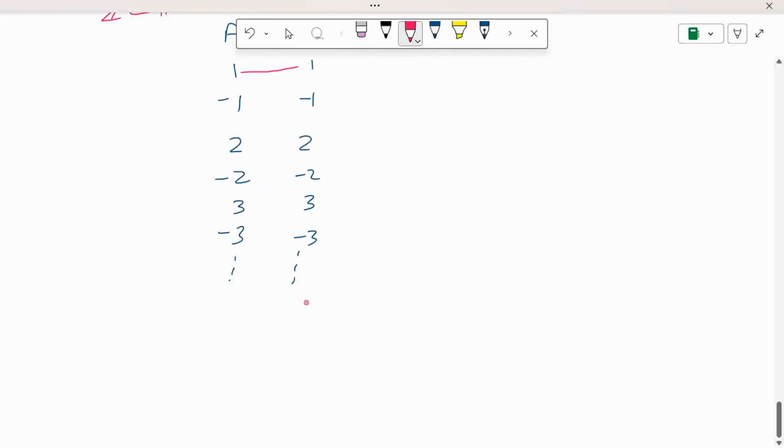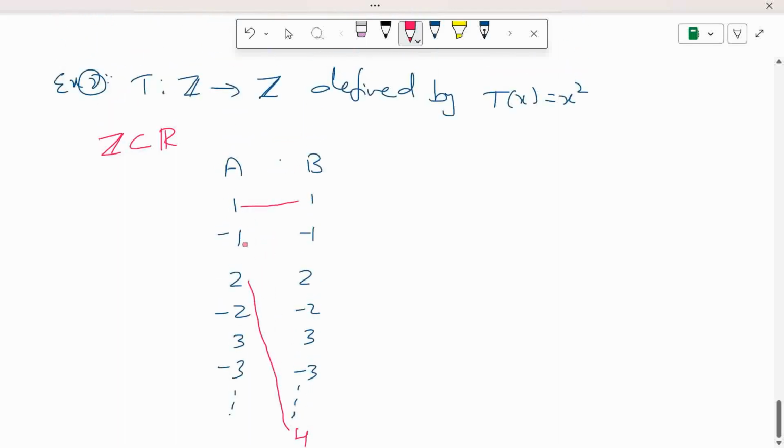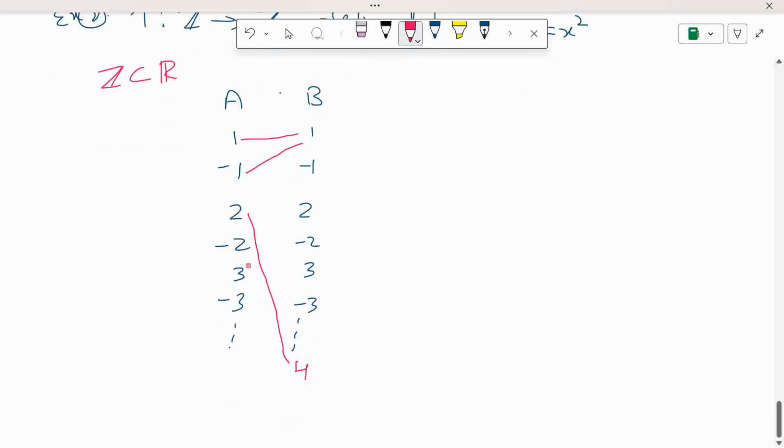Similarly, for 3 we cannot map, and in the sequence 4 we can map to 2. And you can map -1 also to 1. -1 square is also 1. Similarly, -2 square is also 4.